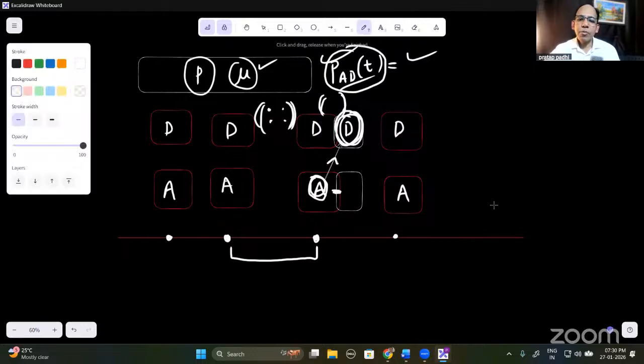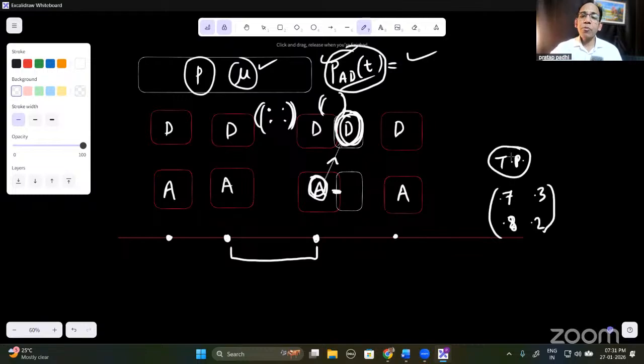Let me write probabilities here. Suppose these are probabilities 0.7, 0.3, 0.2, I don't remember, 0.8, 0.2. Now these are transition probabilities, in the sense that the sum of all these values in a row will be 1, and all are positive.